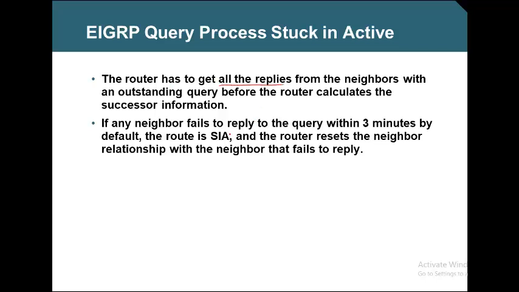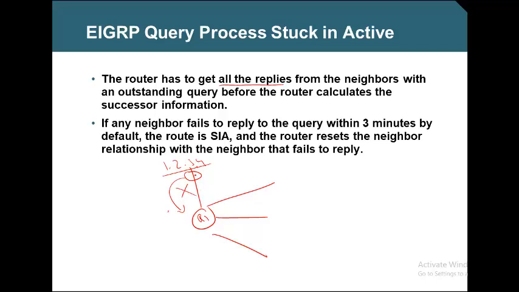To reach 1.2.3.4, router 1 was using this path. But a router from here comes and says, I don't know 1.2.3.4 anymore. No more 1.2.3.4 is available through me.